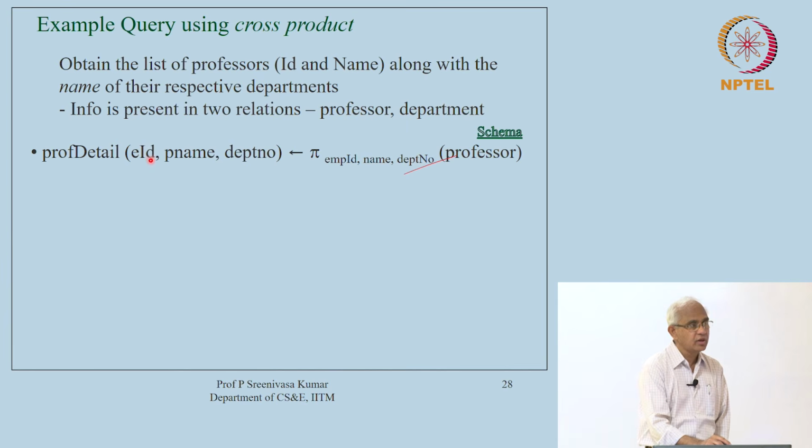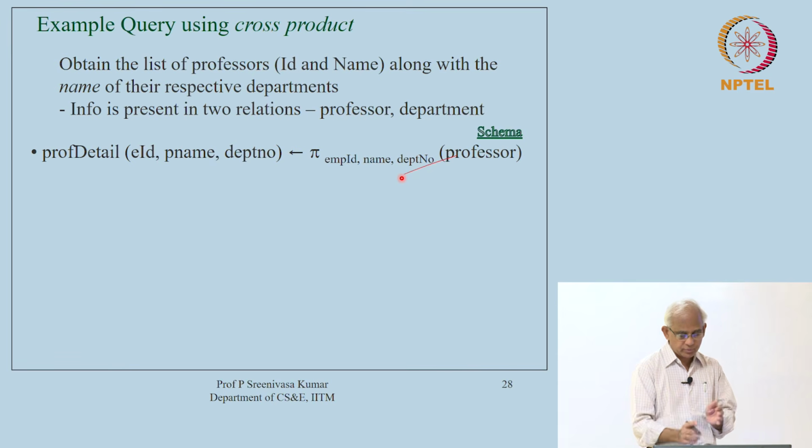This is called the renaming of attributes. The project operator takes the employee ID, name and department number of the professor relation, projects them out, and discards the rest of the attributes. So, it produces a subtuple for every tuple.